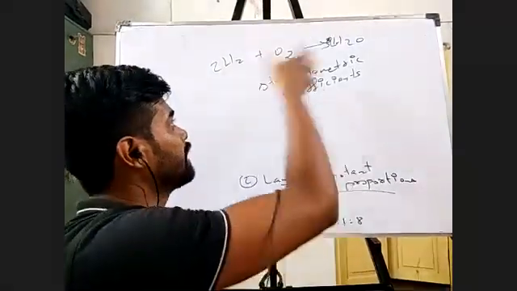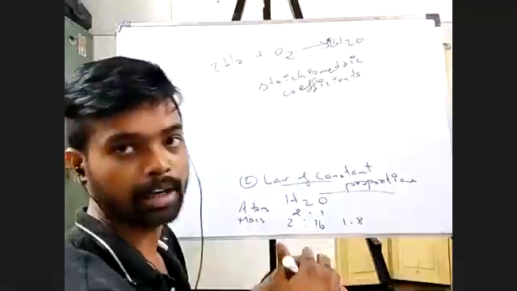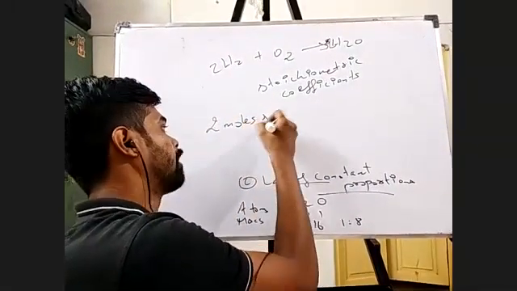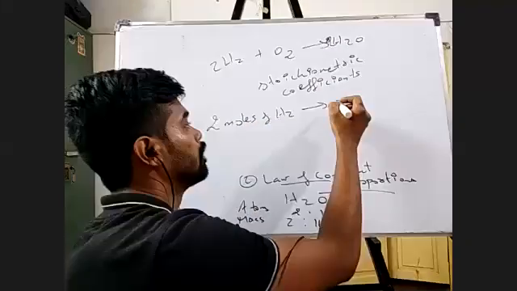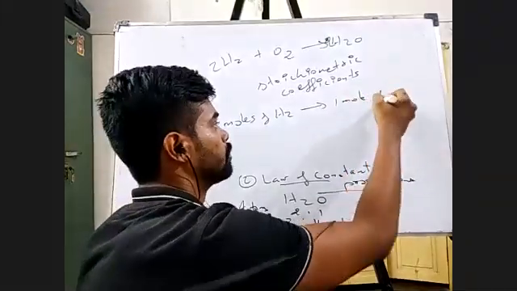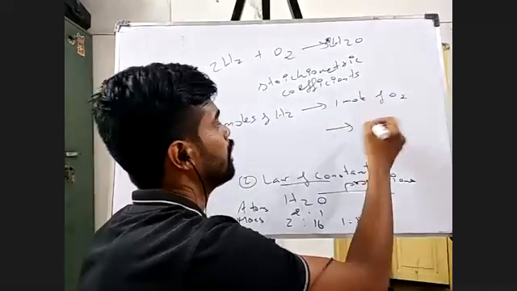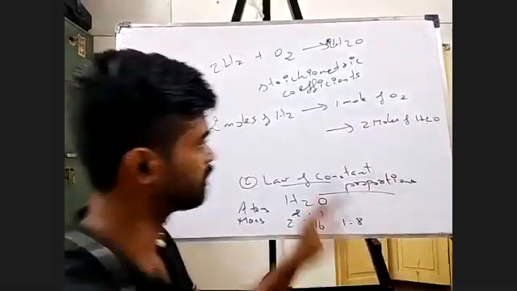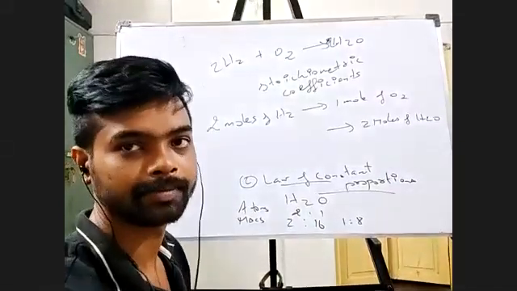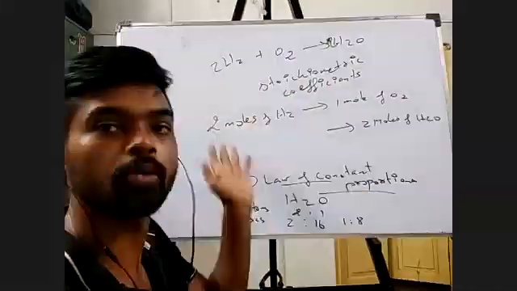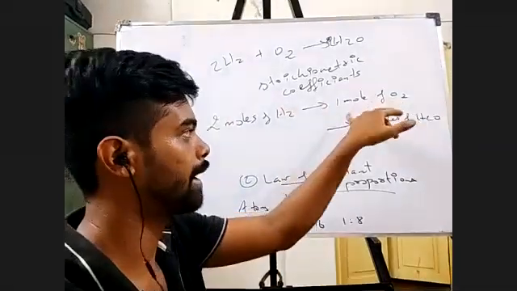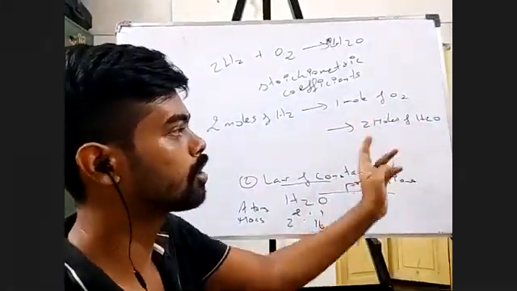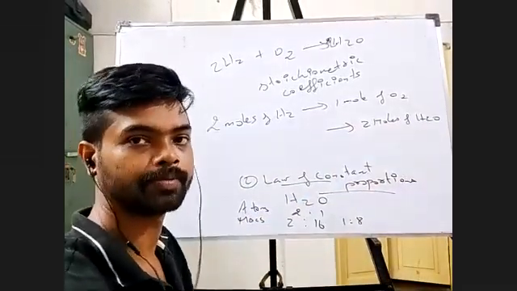So I can say 2 moles of H2 requires 1 mole of O2 to form 2 moles of H2O. This is a very important statement, right? 2 moles of H2 or 2 molecules of H2 combine with 1 mole or 1 molecule of O2 to form 2 moles or 2 molecules of H2O.